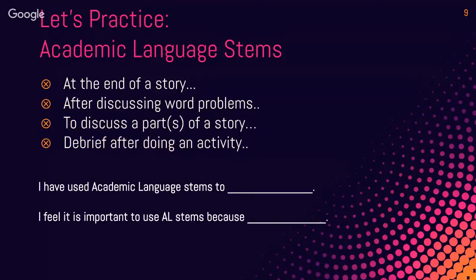So for us today, just to get started, I'm going to give you just a minute to fill in these stems. I have used academic language stems to blank. I feel it is important to use academic language stems because blank. I'll give you about a minute to do that.